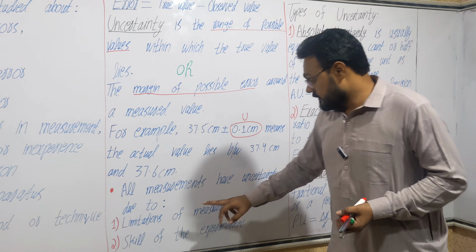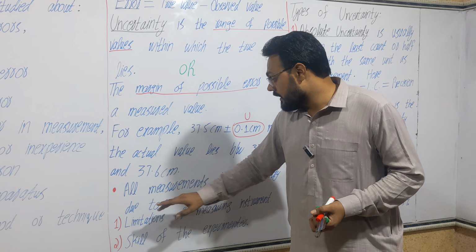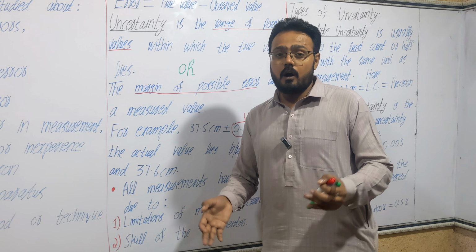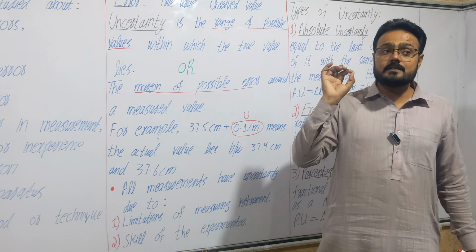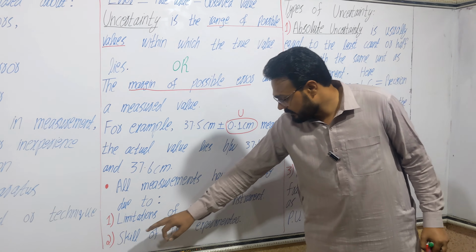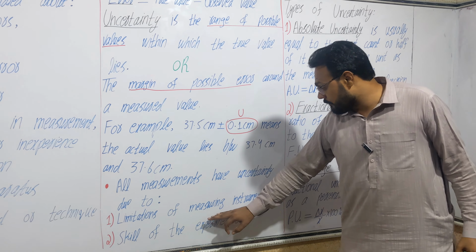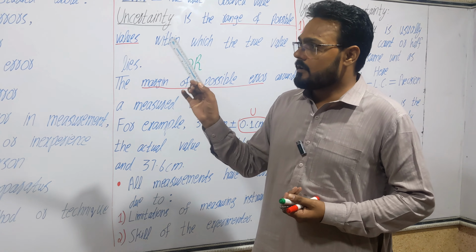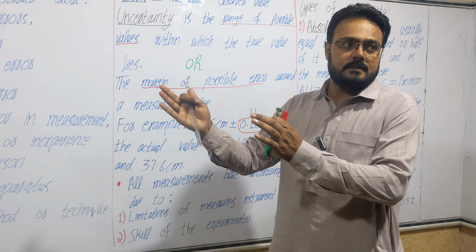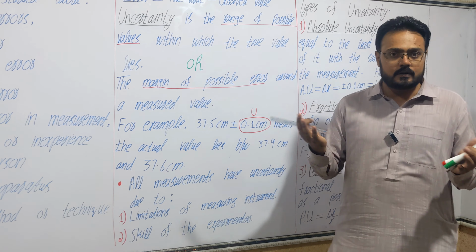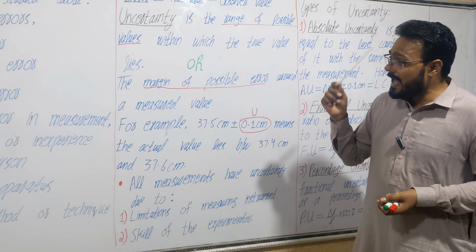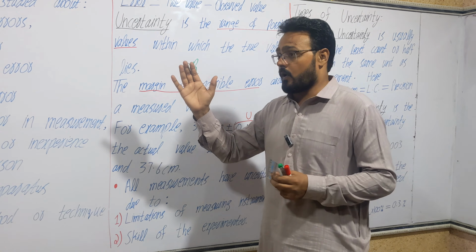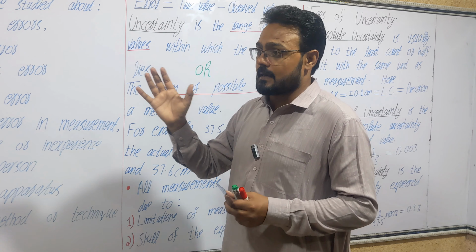Now, important point. All measurements have uncertainty because of limitations of the measuring instrument. This instrument has some limitations, the screw gauge has other limitations, and the vernier caliper has its own limitations. Every instrument, clock, stopwatch, also has some limitations.